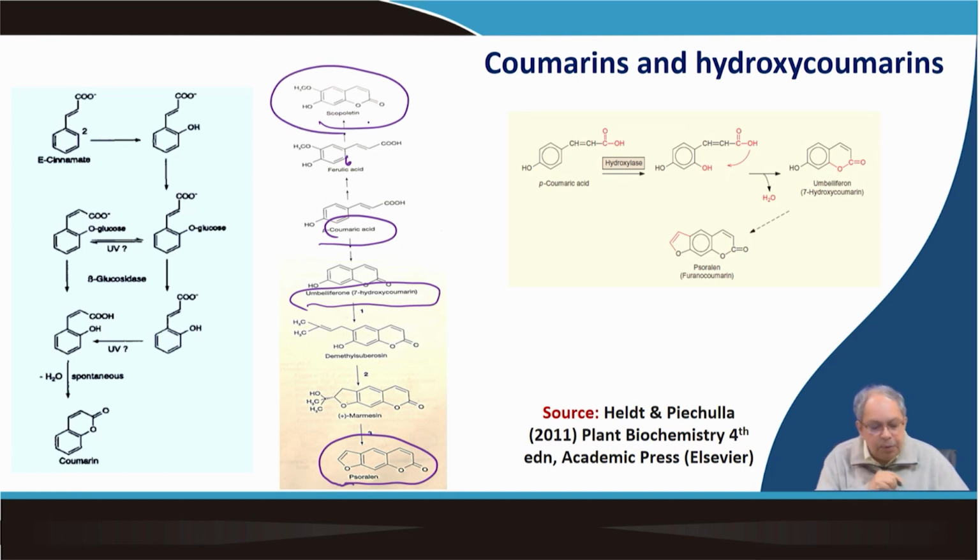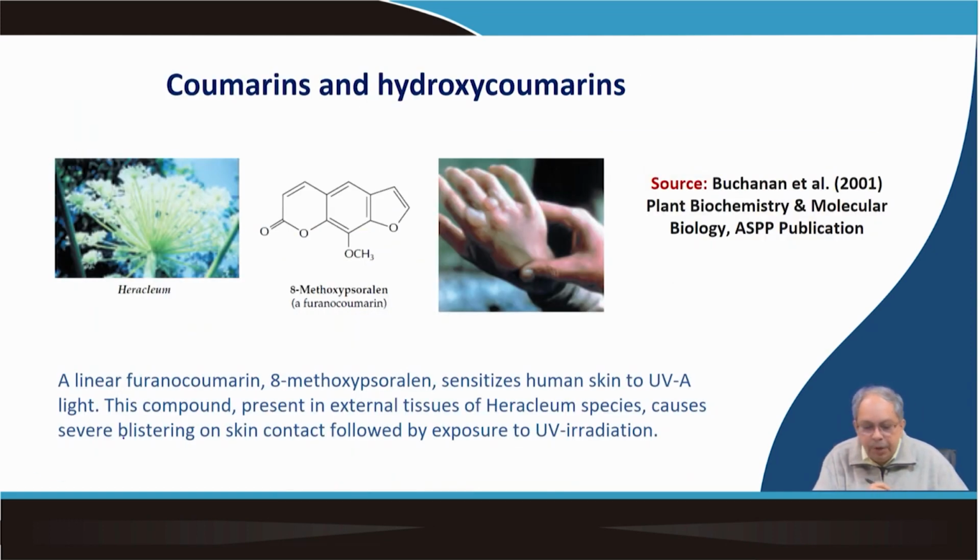So, this is one example of hydroxycoumarin. Here is the structure of psoralen, which is coming through the umbelliferone. And this is the general skeleton of the coumarin structure, and a linear furanocoumarin, which is 8-methoxypsoralen, sensitizes human skin to UVA light.